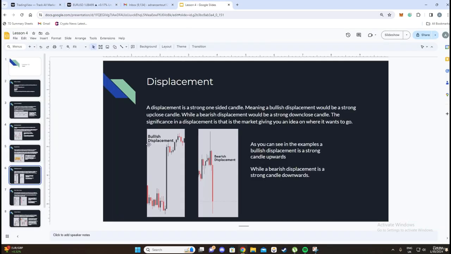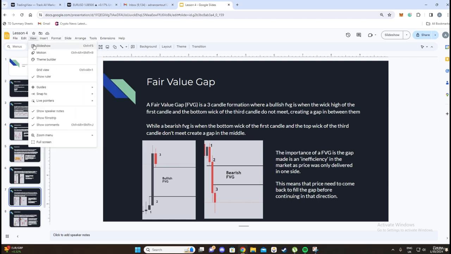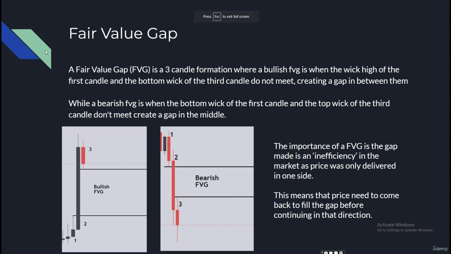So let's see what the next thing is, and it's called a fair value gap. And a fair value gap is a 3-candle formation when the wick high of the first candle and the bottom wick of the third candle do not meet. So what that means is you're creating a gap in between them. As you can see here in this bullish fair value gap, we have our candle number 1, candle number 2, and candle number 3, right?